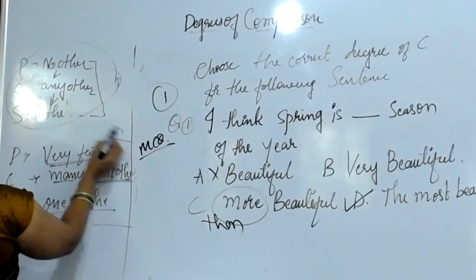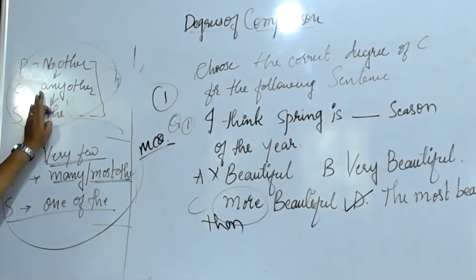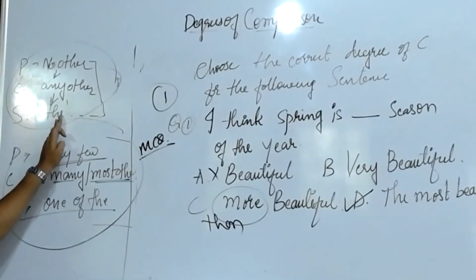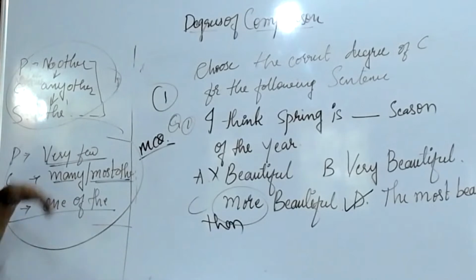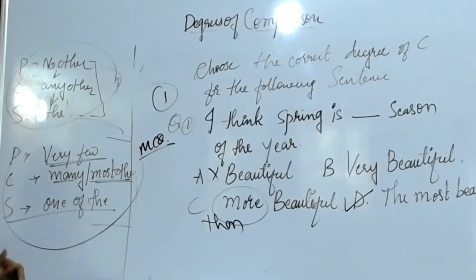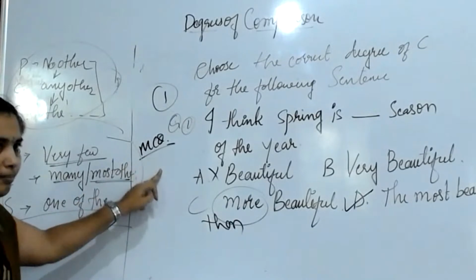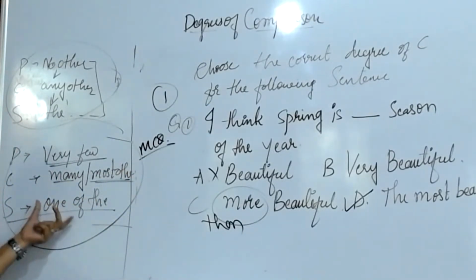If the positive starts with "no other", you have to write "any other" and the "er" form in the comparative degree, and the "est" form in the superlative degree. If the sentence begins with "very few", you have to use "many other" or "most other" in the comparative degree and "one of the" in the superlative degree.